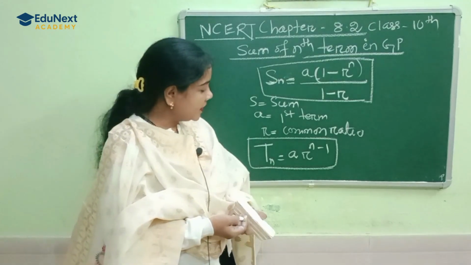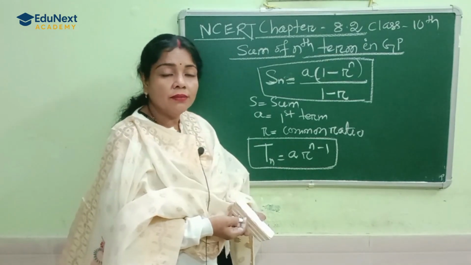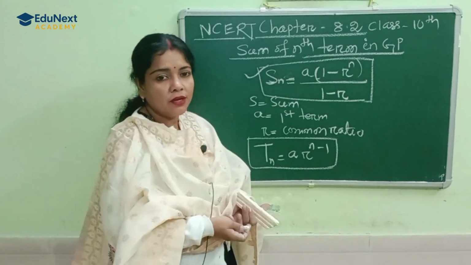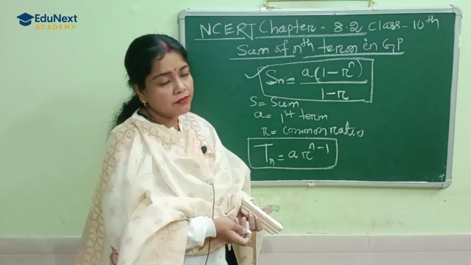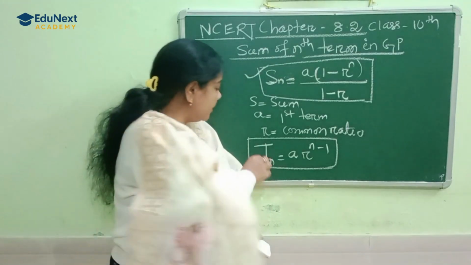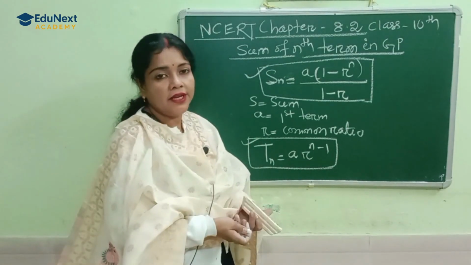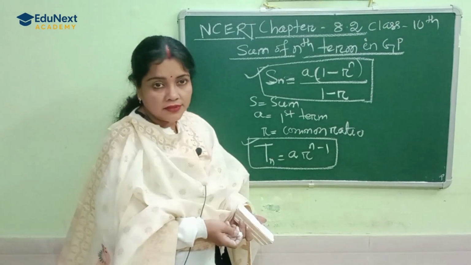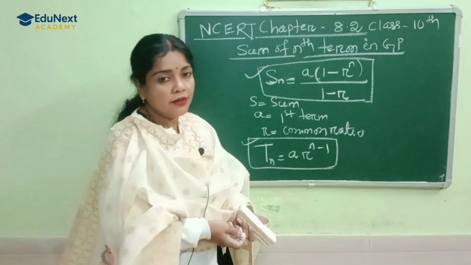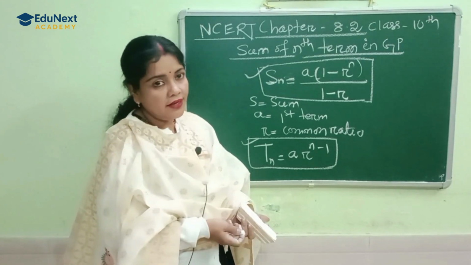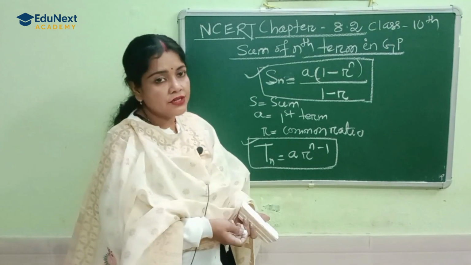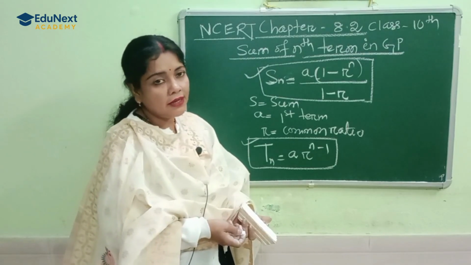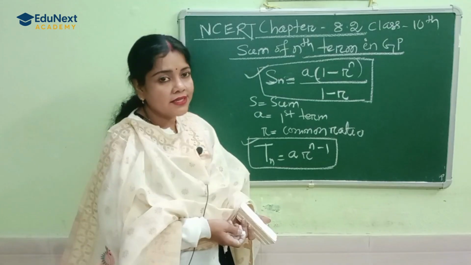Now this is the sum of the nth term in GP, but where t is assigned for term, you have to find the nth term Tn. Tn is a into r to the power n minus 1, where a is the first term, r is the common ratio, and n you have to find according to the question given in your exercise.